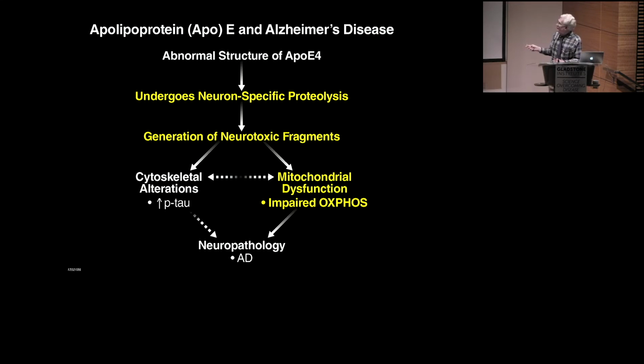Now let me present to you how that abnormal structure leads to neuron-specific proteolysis, the generation of neurotoxic fragments, and the effect on mitochondria. So I would use that slide again and again, as I said, 6 times.